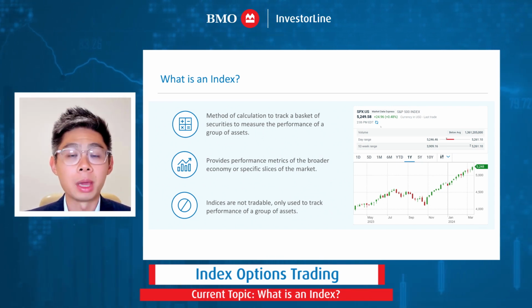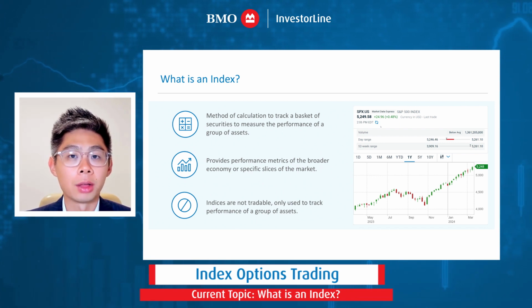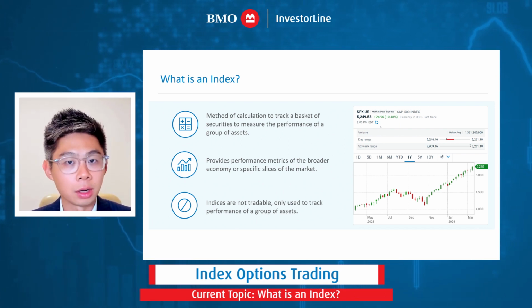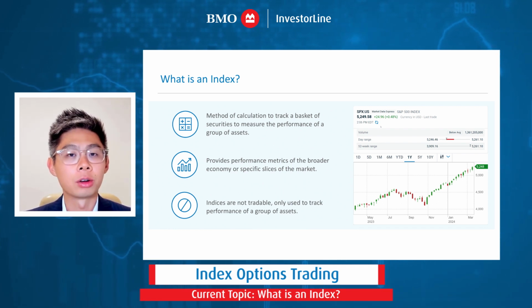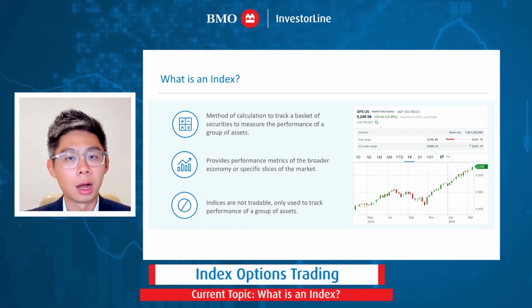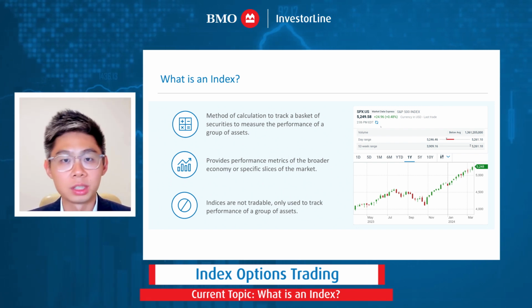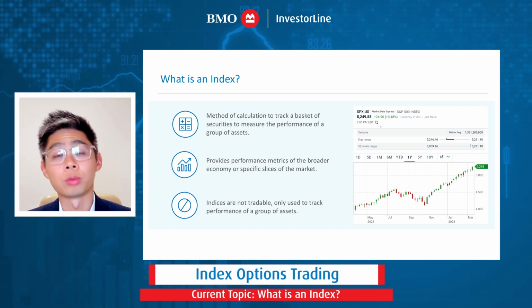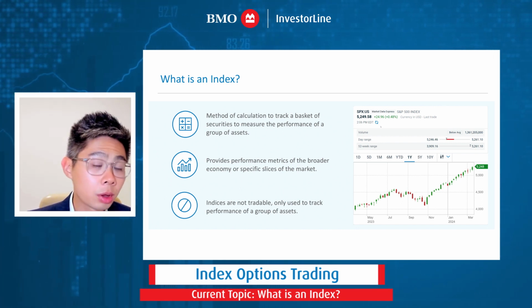Many of you may be familiar with some of the more popular indices that we use to track different segments of the economy, whether that's the S&P 500 to track the broad-based US equity markets, or if you want to look at something a little bit more specific, such as the NASDAQ 100 or the Russell 2000 that tracks either technology-focused stocks or small-cap stocks.